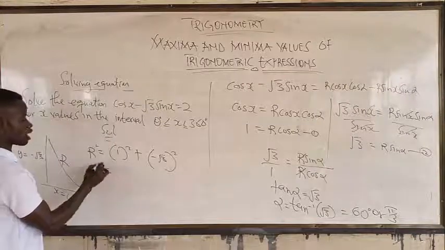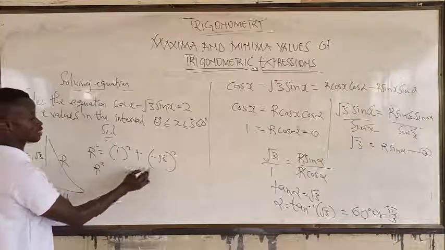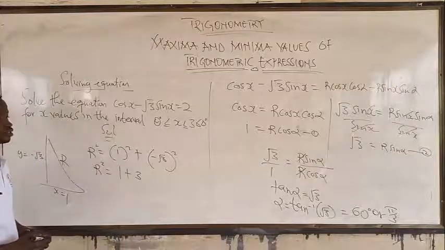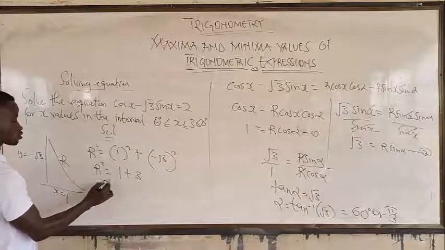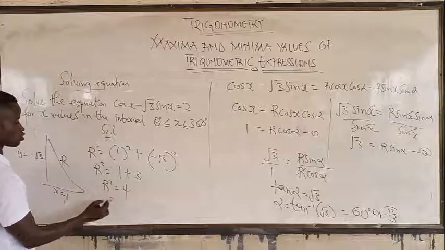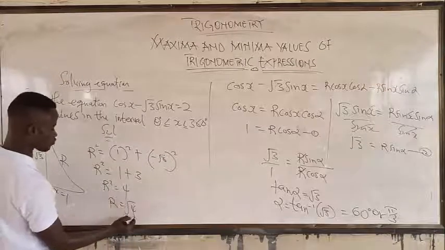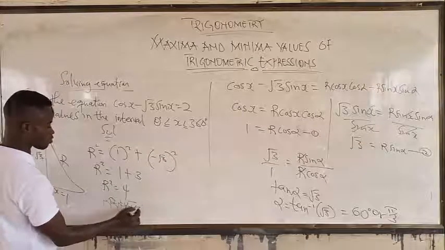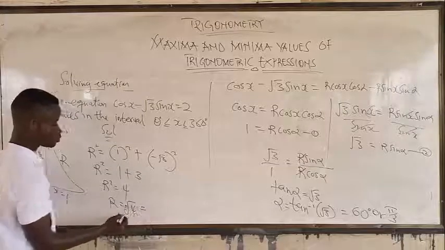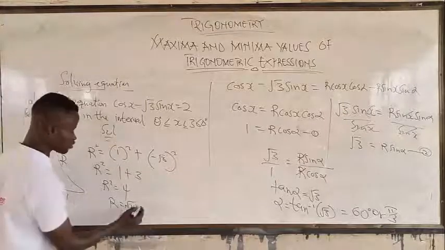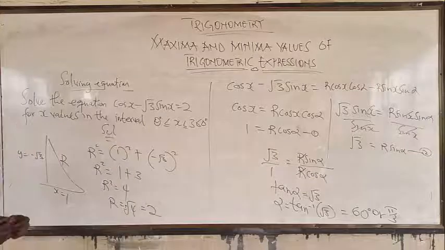And r square will be equal to 1 plus 3, so r square is equal to 4. So r is equal to the square root of 4, and that is plus or minus. We are going to pick the positive side, so we get 2. Very nice.